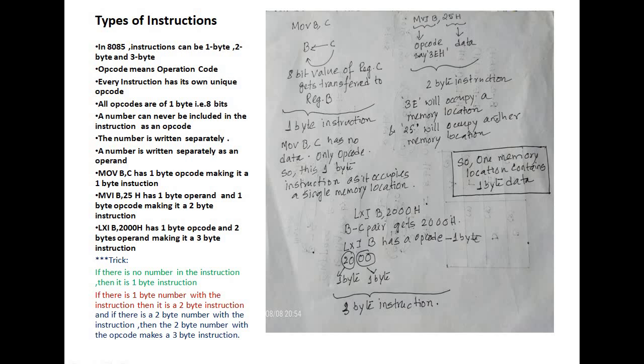Register C will contain some 8-bit value, and the value of register C will be loaded into register B. MOV B comma C. Register B is the destination, and register C is the source register. So the 8-bit data of register C will be loaded into register B.